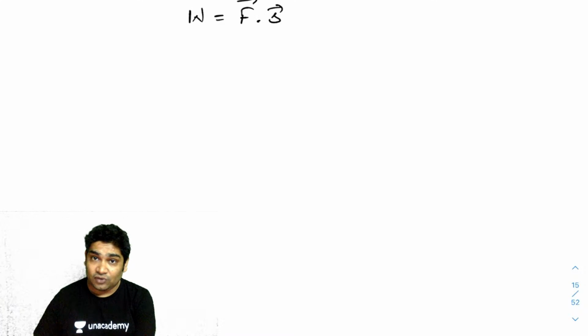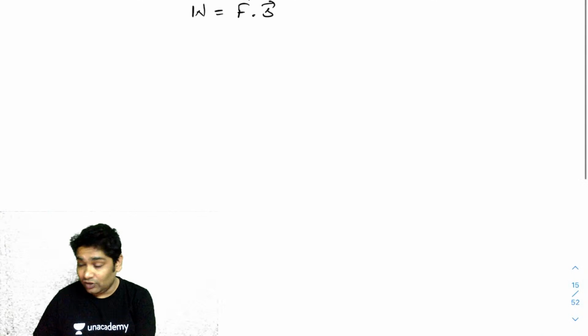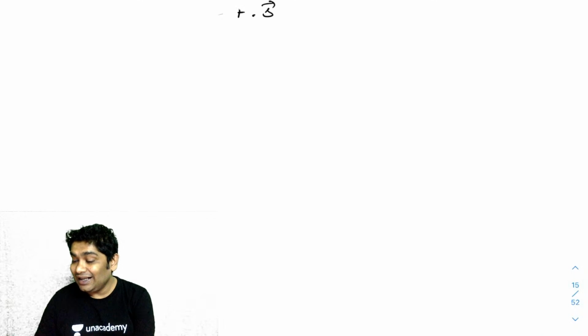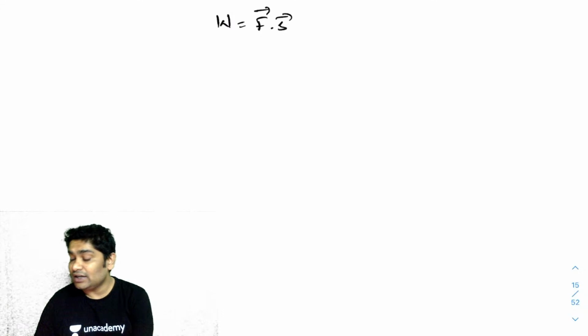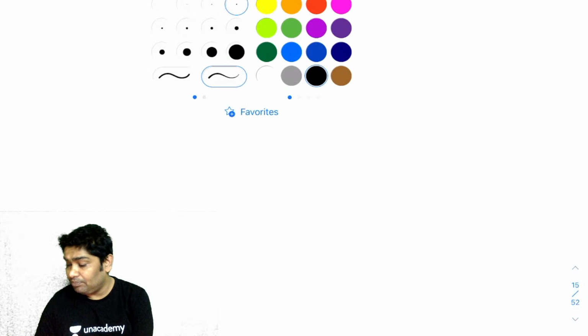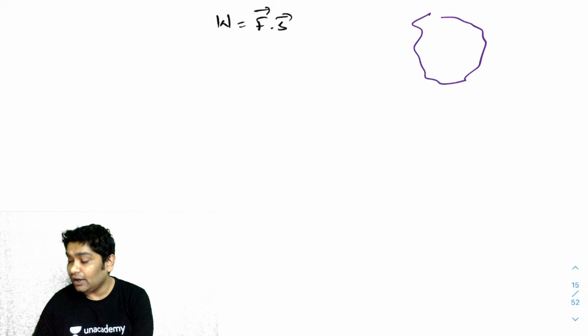All these definitions were defined for point masses first, and then you can also find the work by any force. But the way you calculate that is, let's take an example of a bigger body, a big body like this, and three forces are applied on it.